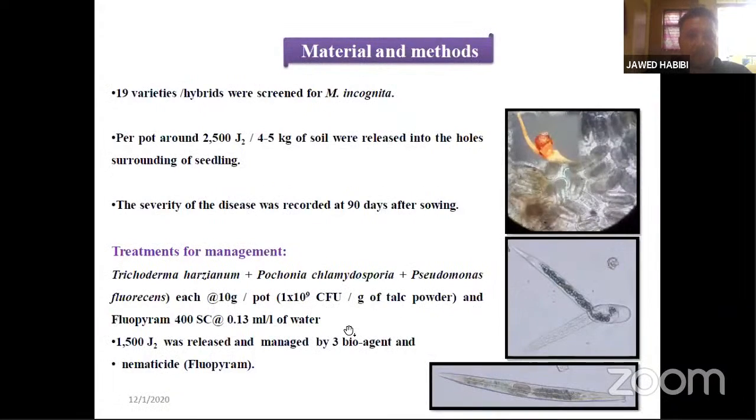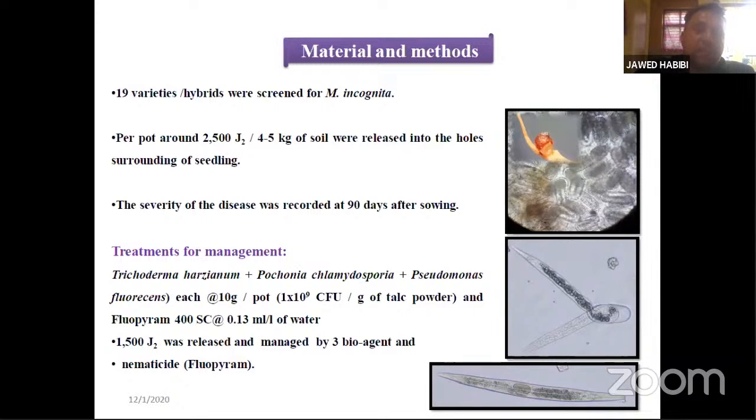For the materials and methods, initially after the perineal pattern of the nematode identified the Meloidogyne incognita species, I multiplied them from a single egg mass on tomato. Then 19 varieties of cucumber were screened after extracting nematodes and releasing them on the 19 varieties.